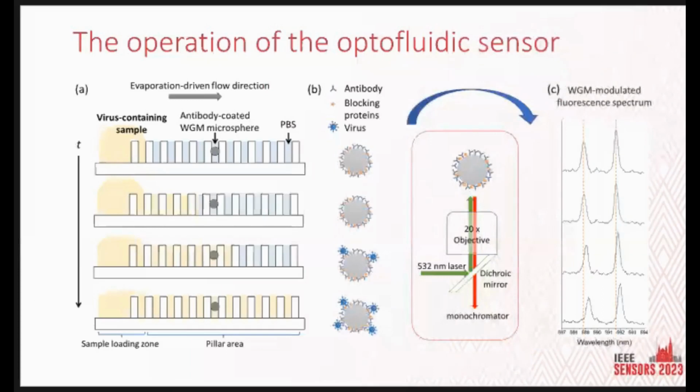So how do these optofluidic sensors work? We have seen the video, but this is one of the steps of the operation of these sensing platforms. So we will have the microsphere trapped between pillars. Then we have virus containing samples put into the sample loading zone.